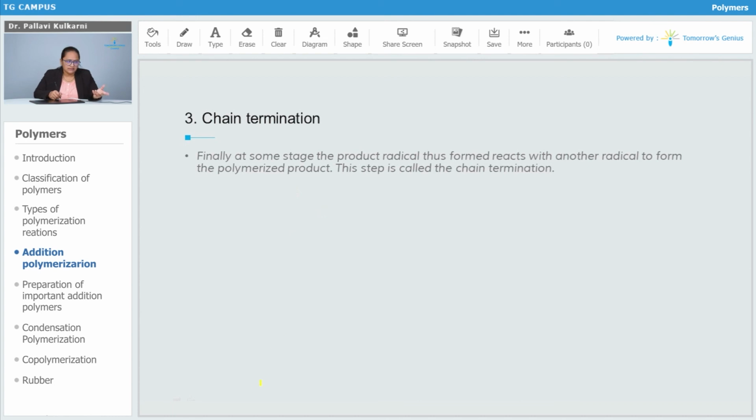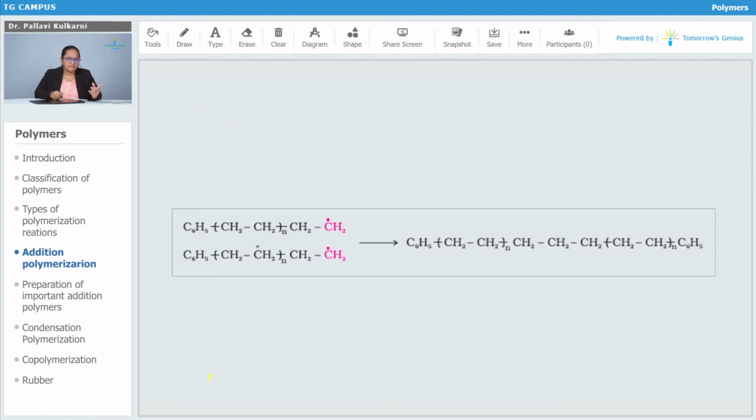We can see when we react two radicals with each other, they will undergo a reaction giving rise to a bond between the two radicals, and this is how we end the chain reaction, that is, the chain propagation reaction is terminated. That's all the mechanism for addition polymerization of ethene giving rise to polyethene.